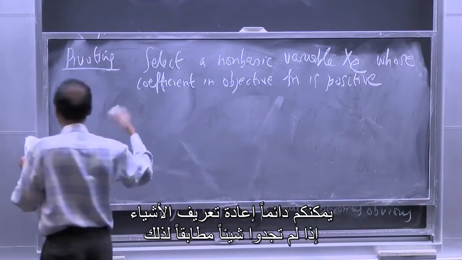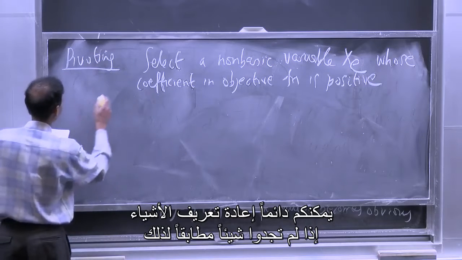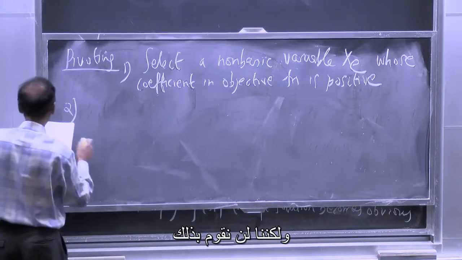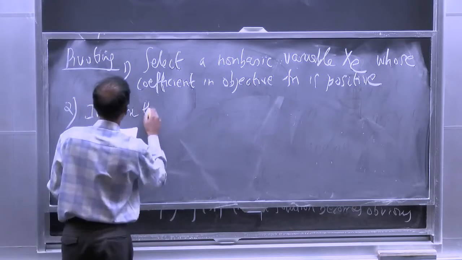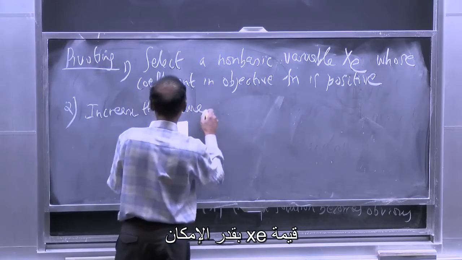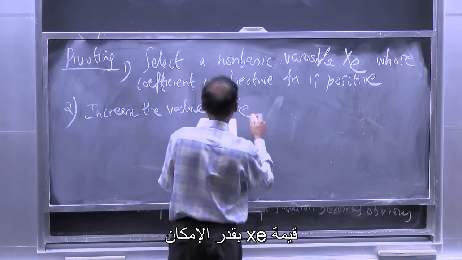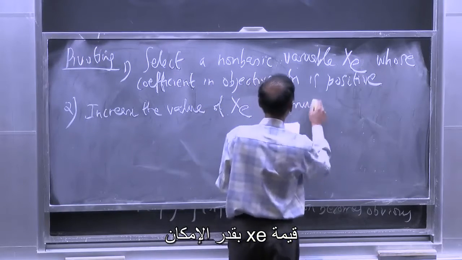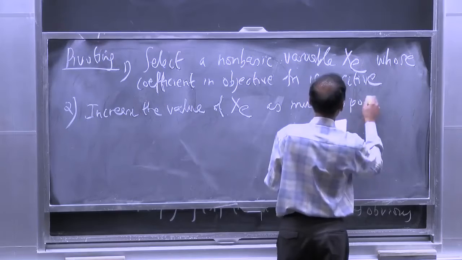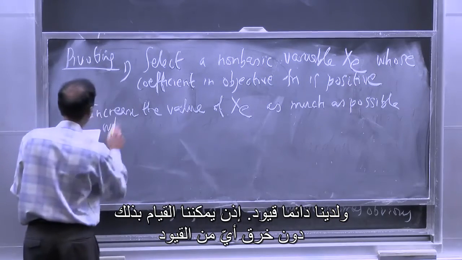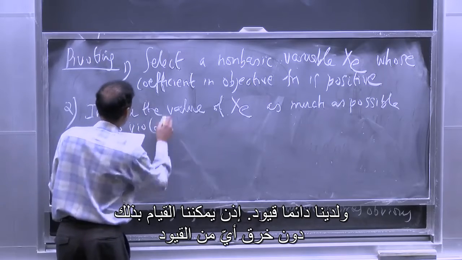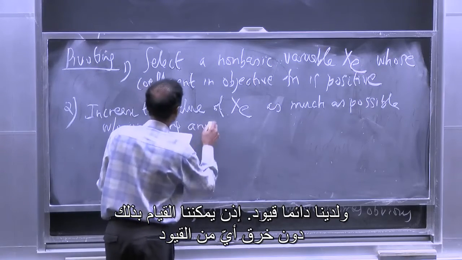You can always redefine things if you can't find something like that, but we won't go there. And then what we're going to do is increase the value of x_e as much as possible, and we always have constraints, of course, so we do that without violating any of the constraints.